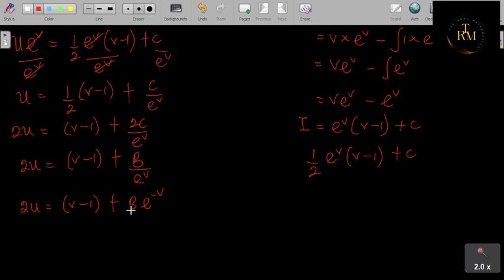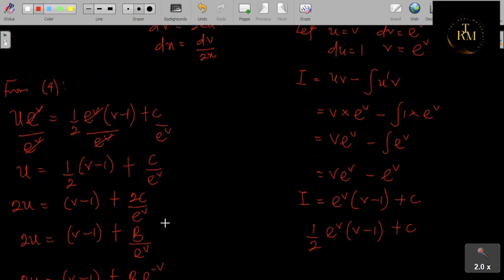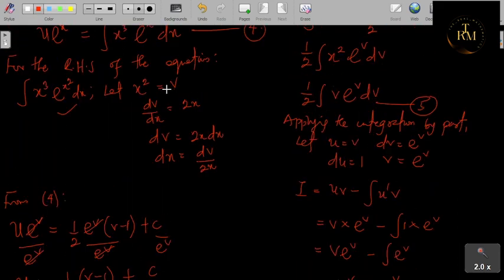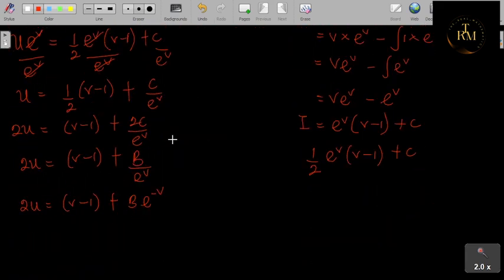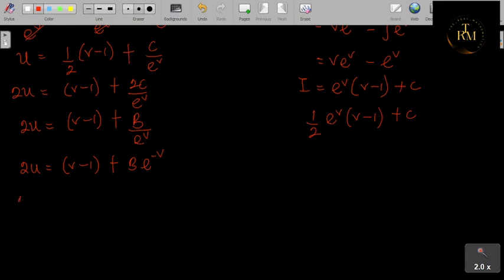Remember my v represents something, which was x squared here. So I'm going to go down now and replace that v with x squared. So I'm going to have 2u equals x squared minus 1 plus b exponential minus x squared. Now I'm going to make u the subject here.